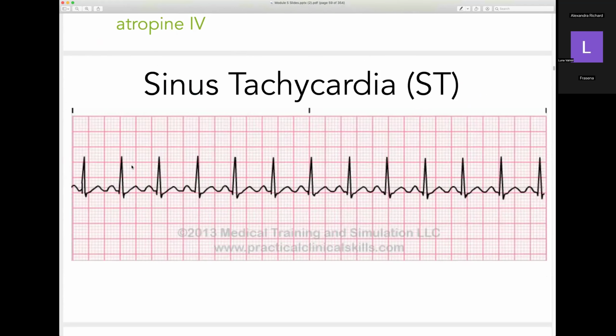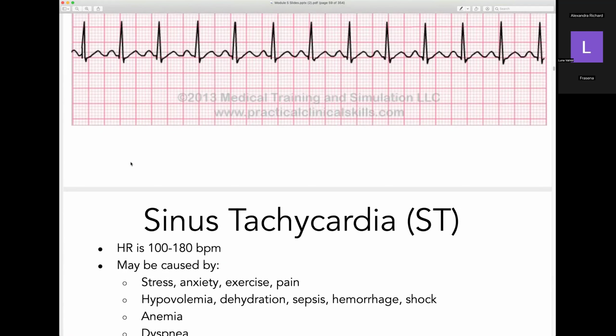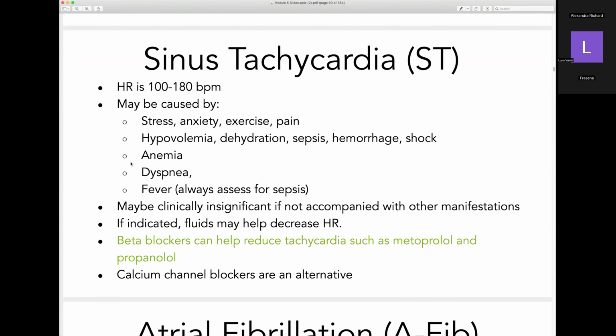Then we talked about sinus tachycardia. So there is a P wave in front of every QRS. And then we counted the QRSs 1, 2, 3, 4, 5, 6, 7, 8, 9, 10, 11, 12, 13. So the heart rate here is 130. And the tip that I gave you for sinus tachycardia is to first, after you know the heart rate, then you check the blood pressure.